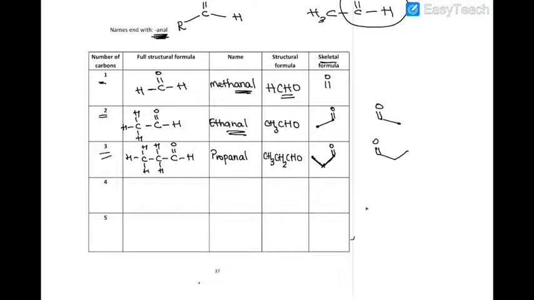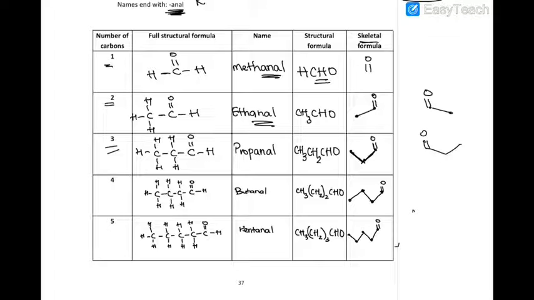Four carbons will be called butanal. Five carbons will be called pentanal. So here's the completed table. Just be careful when you're drawing the skeletal formula: four carbons, 1, 2, 3, 4; five carbons, 1, 2, 3, 4, 5.